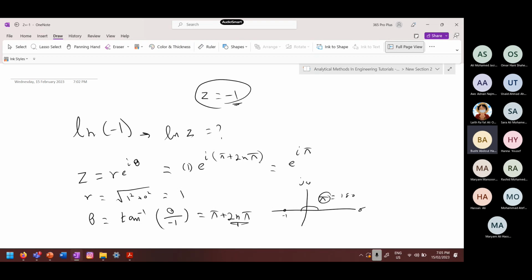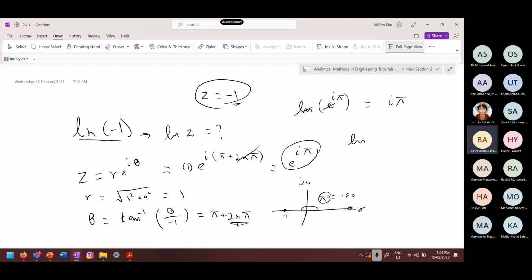If you're not using any powers, you can just cancel it, because 2n pi is basically 0. So you will have this term, -1 is equal to this term. Now you can just substitute it back here, which is ln e to the power i pi. ln with an e gets cancelled, you'll get i pi. So ln(-1) is equal to i pi.